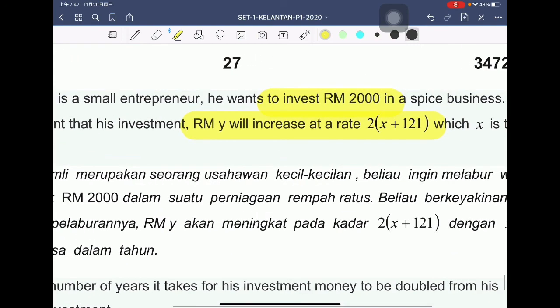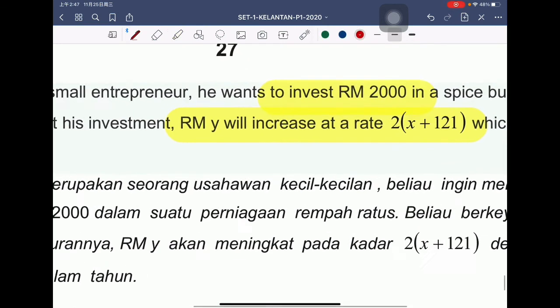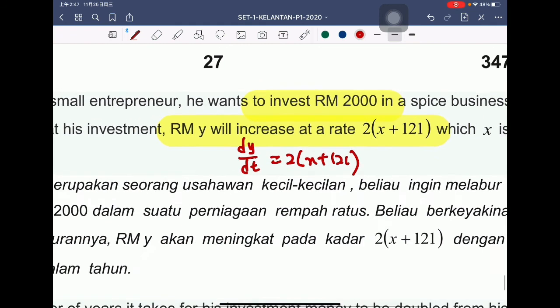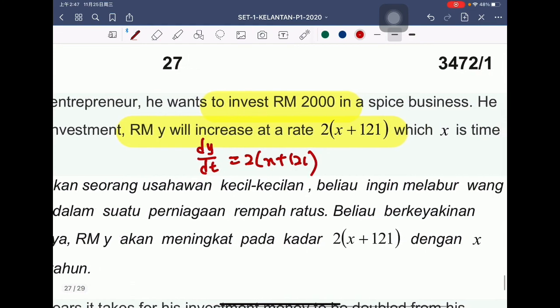What does this sentence mean? This sentence actually tells us that dy over dt equals 2(x plus 121). RM y will increase at the rate 2 multiplied with x plus 121.